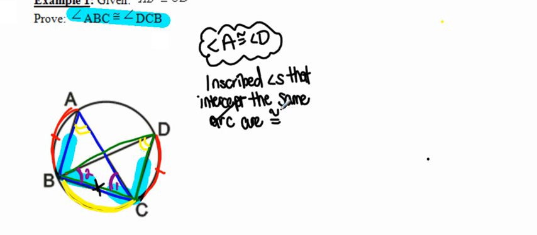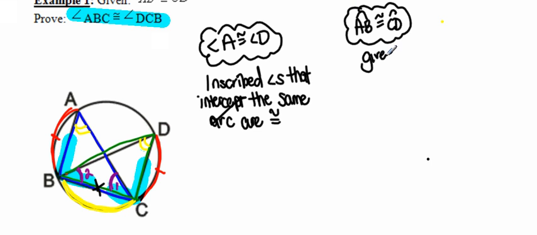If I go back to my picture, somewhere in my proof, I want to write about angle 1 being congruent to angle 2. I knew these guys were congruent because of the congruent arcs. So I'm going to go back and start by writing about arc AB being congruent to arc CD. And then because those two arcs were congruent, that's what told me that angle 1 had to be congruent to angle 2.